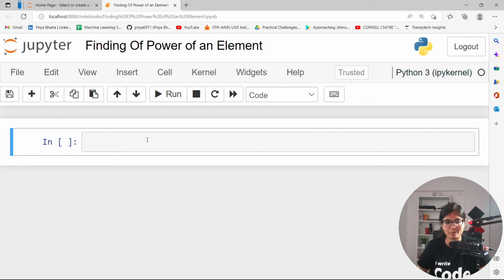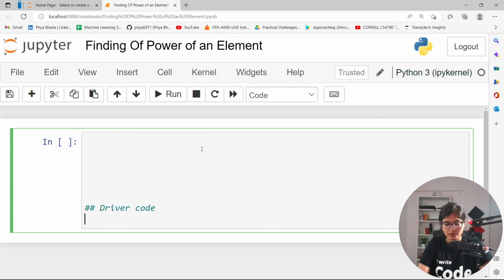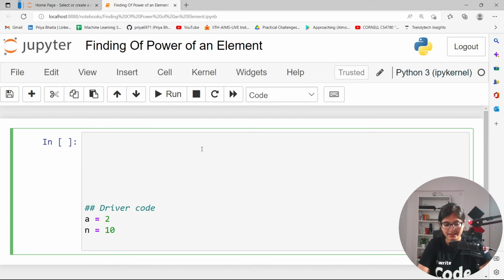For that, I have opened the Jupyter notebook. And what I can do is that, first of all, let me try to write the driver code here. So here I will write the driver code, where I will take the value of a, which is equal to 2, and the value of n, which is equal to, suppose, 10, right? And whatsoever be the result we are getting, I am storing that value inside the result variable.